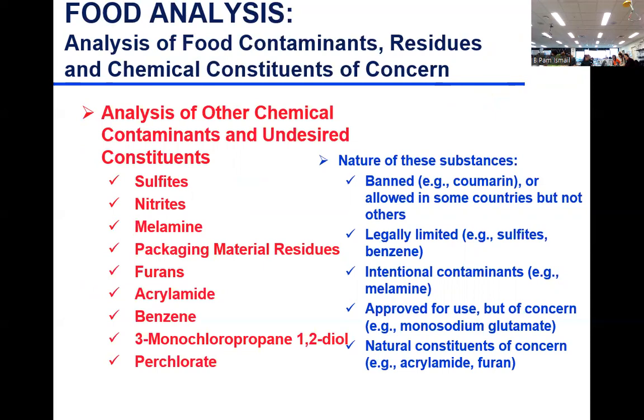Sulfite, nitrites, melamine, packaging material, and acrylamide can be produced during processing. Also, monofluoropropane can be produced during processing, and then we have benzene that can be present due to different ingredients that you use, and perchlorate and chlorate contamination from soil that might have fuel material in it.